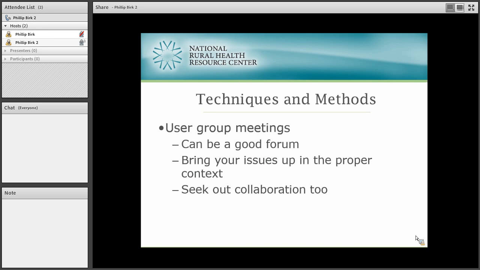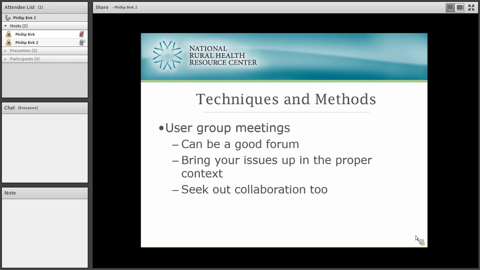So consider teaming up with a larger facility as well. If one of the problems you're having is also a problem with a tertiary facility that you refer to, that can have a lot of benefit that they see it's coming from more than one place.